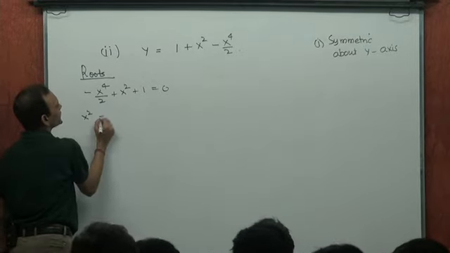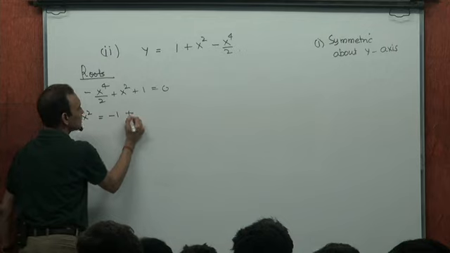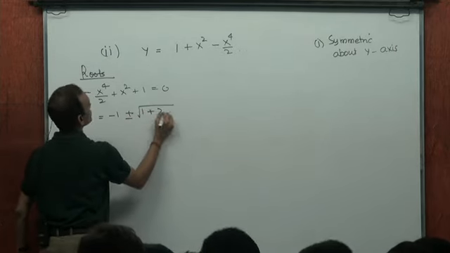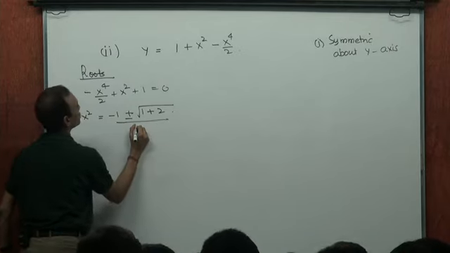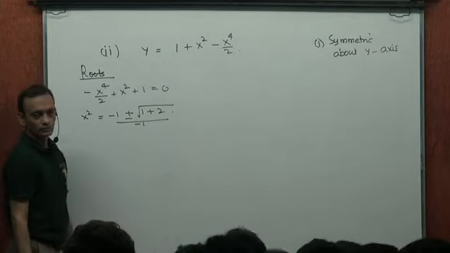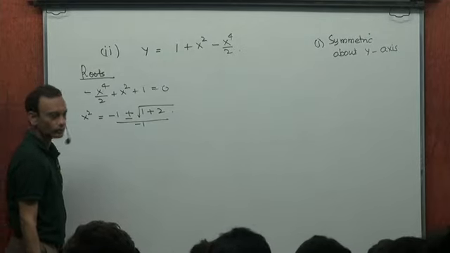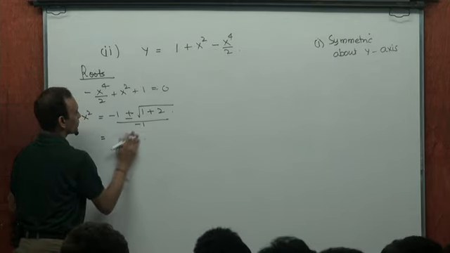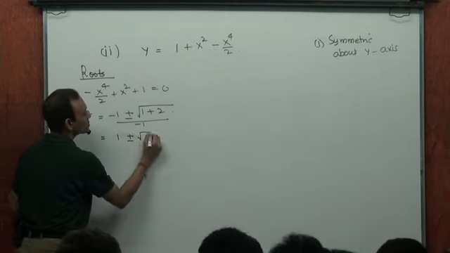So x squared would be minus b plus minus root b squared plus 4ac by 2a, which is 1 plus minus root 3.